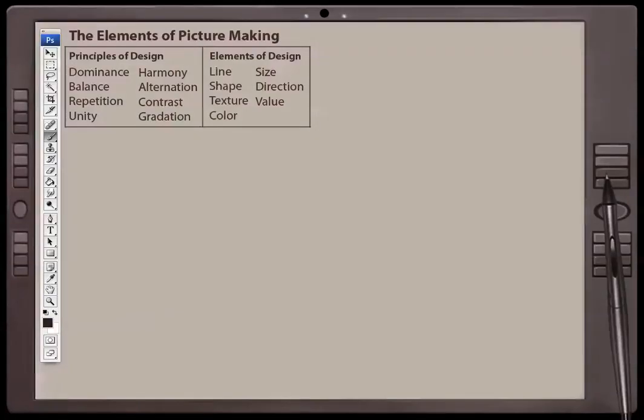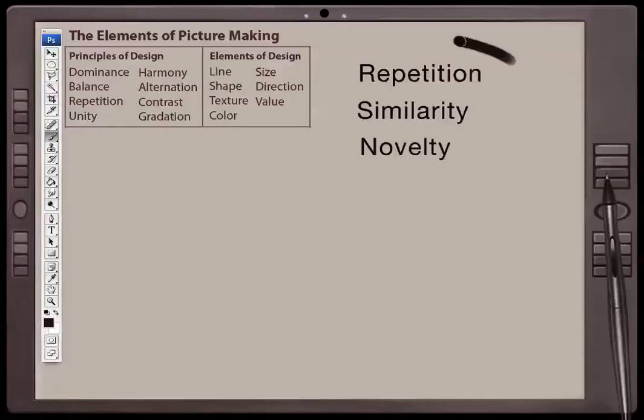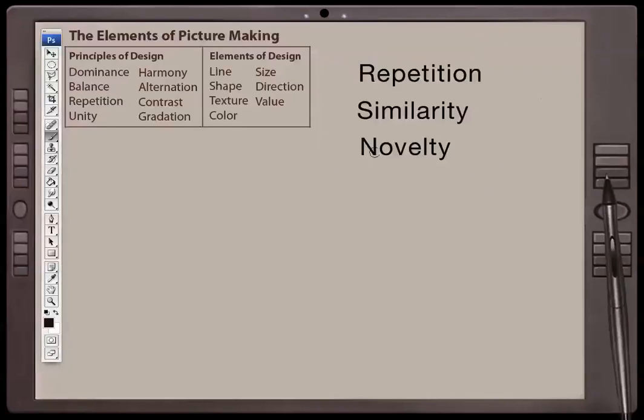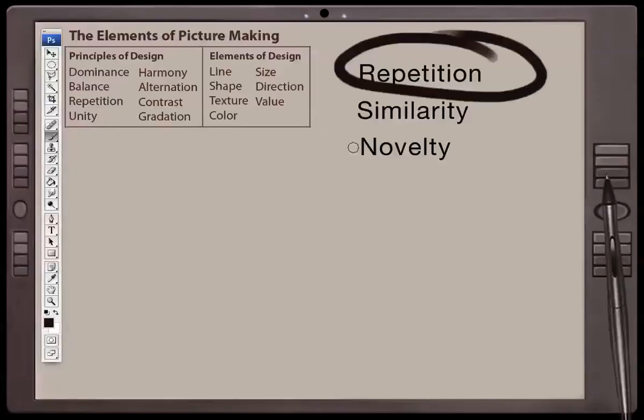A principle of design is a relationship law or organizational scheme or a plan of organization that combines the elements of design that you see here in only 3 ways. And here are those 3 ways. You can combine the elements of design to form repetition.